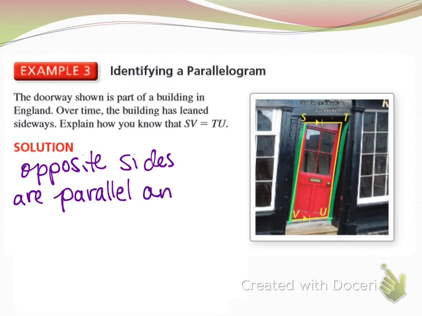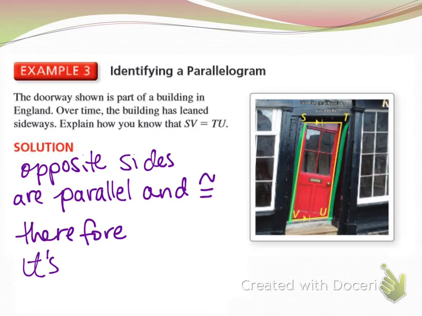When we're doing a question like this, if it has both, that's when it will write parallel and congruent. If it only has the parallel sign, we would just write parallel. And if it only had the lengths, then you would just say opposite sides are congruent, depending. But it had both. So opposite sides are parallel and congruent, therefore it's a parallelogram.